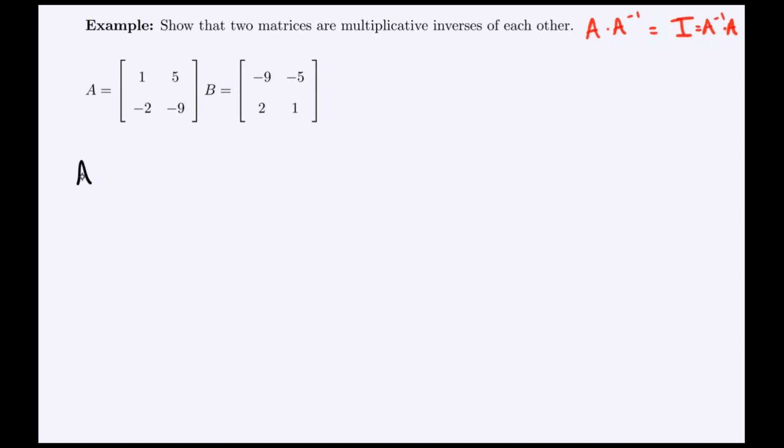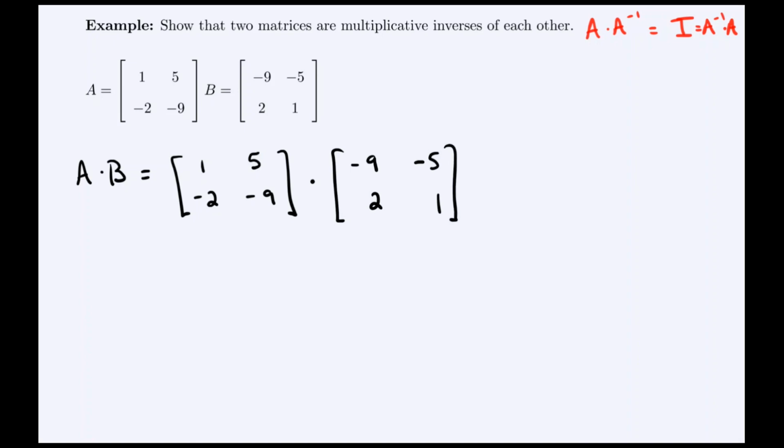So in this case, let's start A times B. Remember, you write A first. And we're following the same procedure of matrix multiplication. We just have to remember the pattern. Remember, the pattern is that you take the first column of the second matrix, visualize this, and then imagine lifting it and turning it, and it lines up with the rows above.